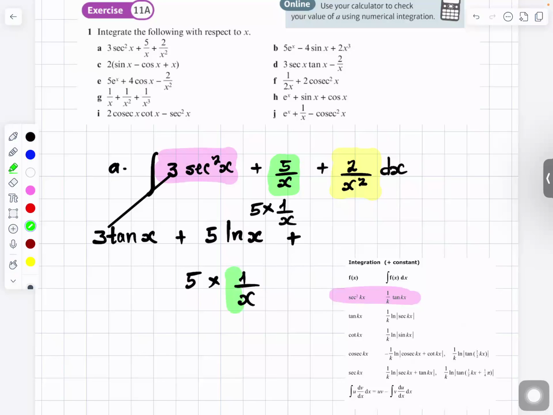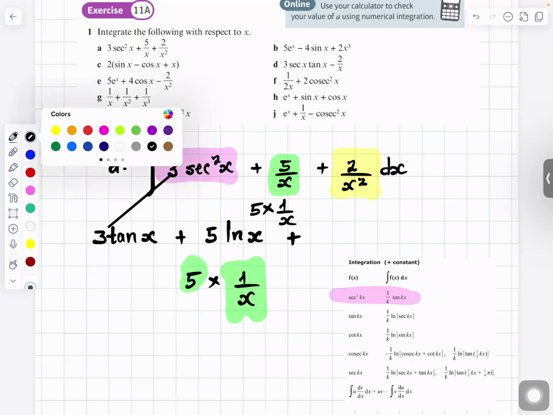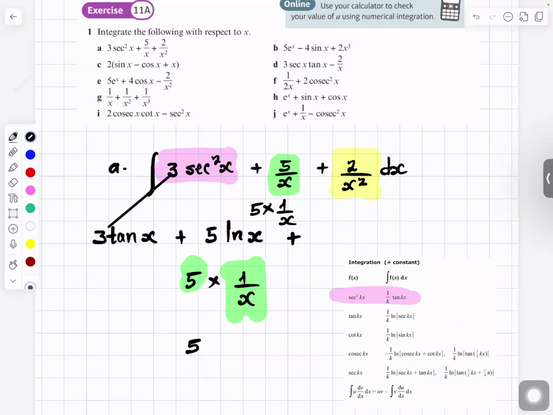This 5 is just a number, so we keep the number outside. We don't integrate the number. So we're integrating 1 over x, and when you integrate 1 over x, you get ln x. That's why it does it that way. So you separate it, it becomes 5 times 1 over x, and then you integrate that, it becomes 5 ln x.